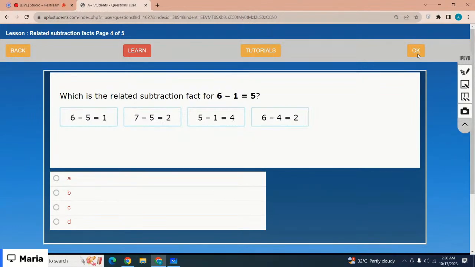Which is the related subtraction fact for 6 take away 1 equals 5, which is the correct option?